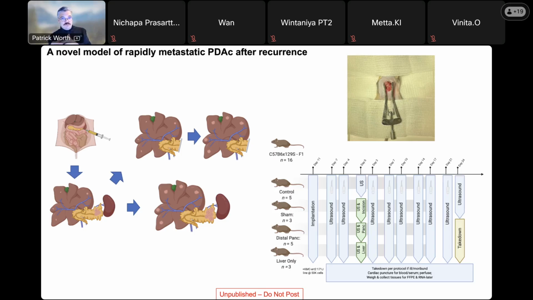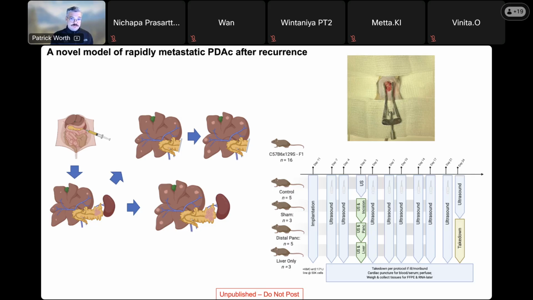They'll get a mini laparotomy, as you can see in this panel here. We're able to externalize the tumor, resect it from the mouse pancreas, and then pop that back in the abdomen. And mice do quite well with these surgeries. So we have a resectional model.